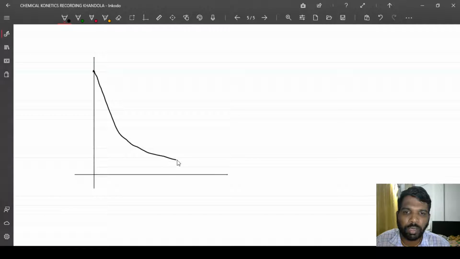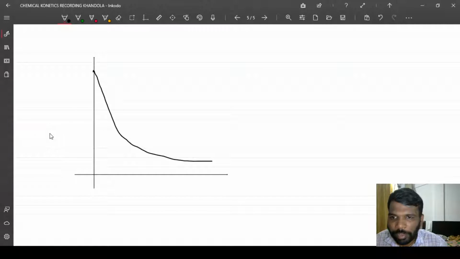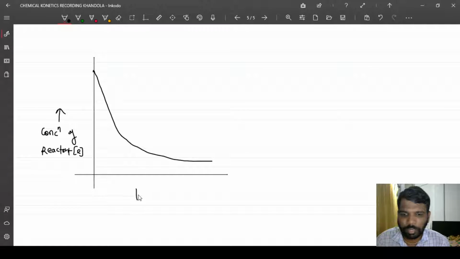This is the concentration of reactant R in this direction. This is the time axis.